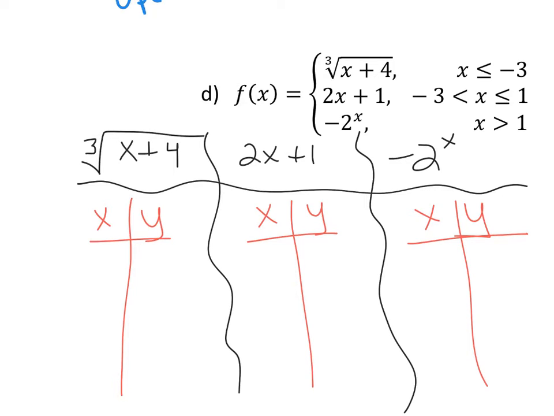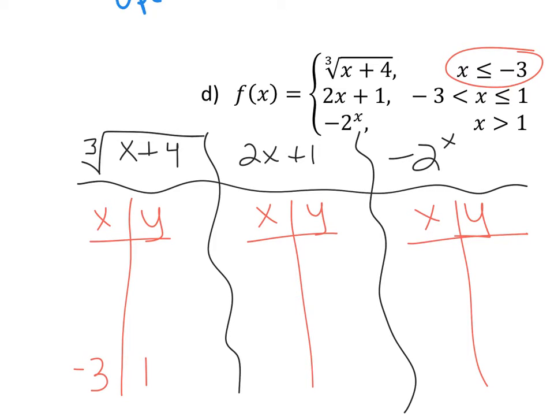All right, we want x values less than or equal to -3. So when I look at the table here, it's a cube root, so it's going to be a little tricky. There's going to be a lot of decimals. So taking a look, we have -3. That y value is 1.